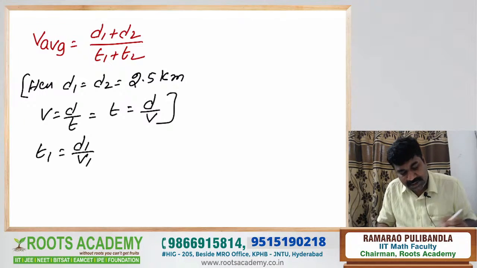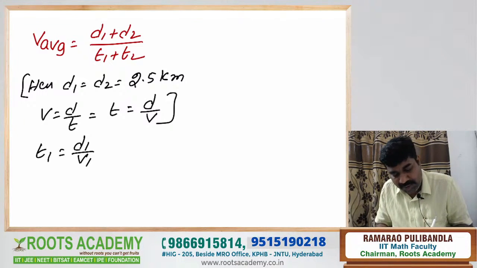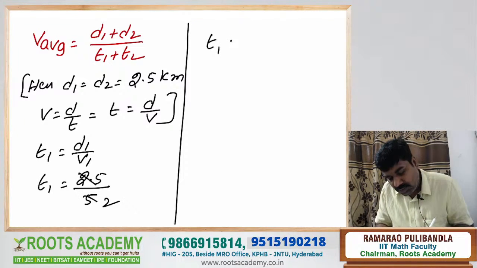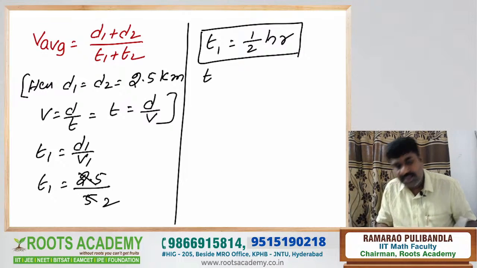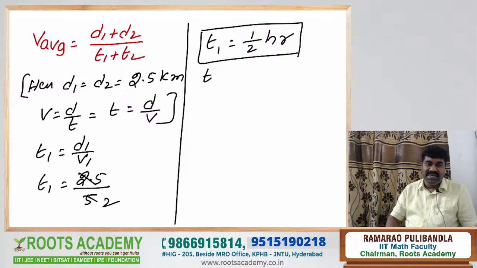So t1 is 1 by 2 hour, or t1 is 30 minutes.